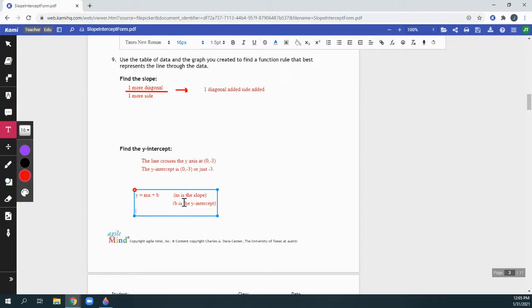Okay, so what does that mean? I'm going to take my slope of 1 and a y-intercept of negative 3, and that's going to create the thing. My slope was 1, plus negative 3. That's the same thing as just minus 3.